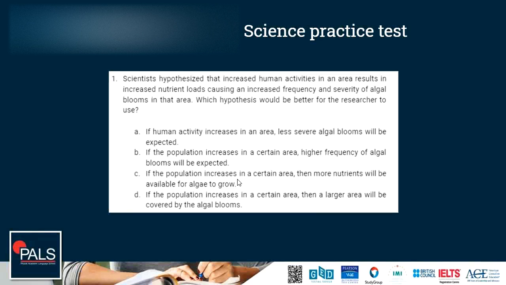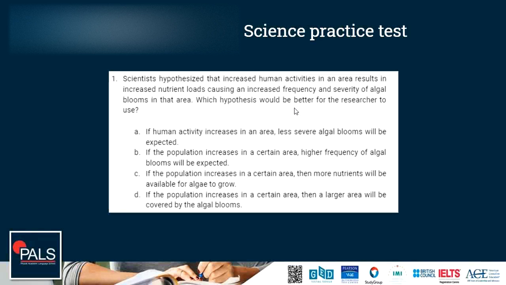Okay, so let's have a quick look at the text on top again. What does the hypothesis of the scientists say? It says human activities increase in a certain area. That will result in increased nutrient loads, and these increased nutrient loads then cause an increased frequency and severity of algal blooms.